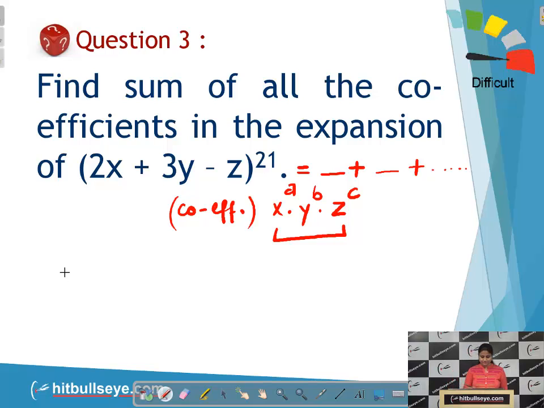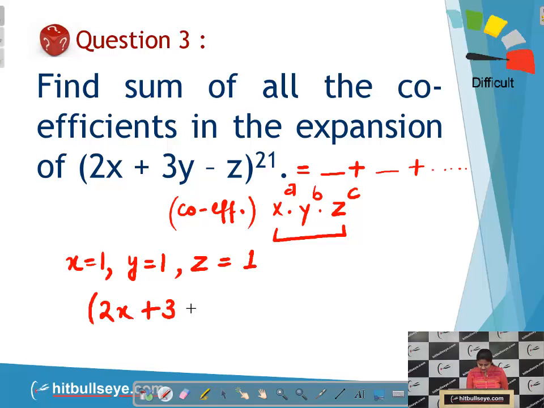We can do one thing. We can put x equal to 1, y equal to 1 and z equal to 1. If we take this, we'll be left with all the coefficients with positive sign between them, and that is the thing we need. So what is the question? 2x plus 3y minus z whole raised to power 21.